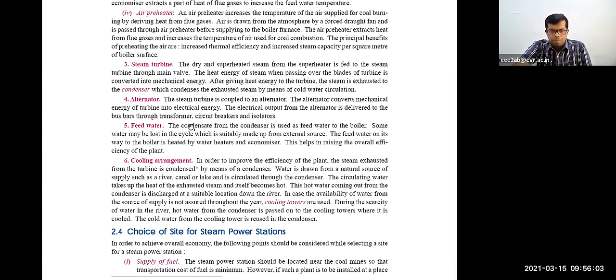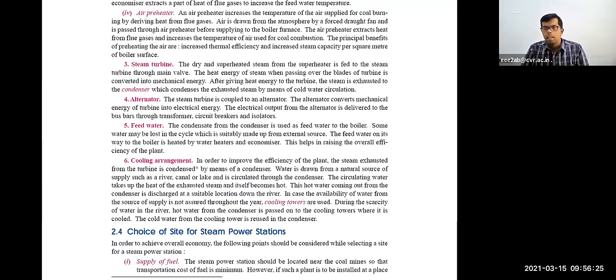The condensate from the condenser is used as feed water to the boiler. Sometimes the same condensed water can be taken to the boiler, but we have to note the pH value of the water.